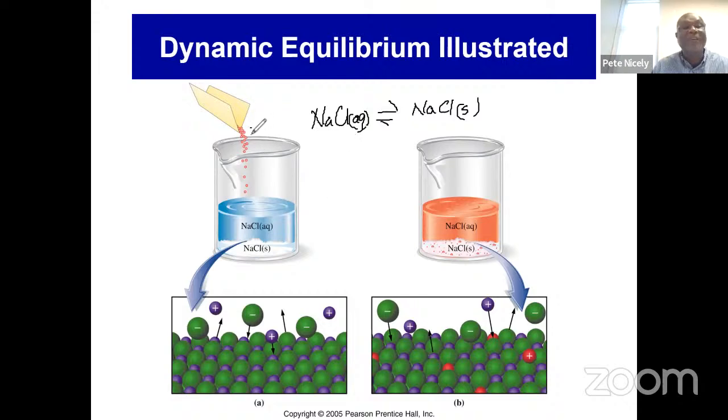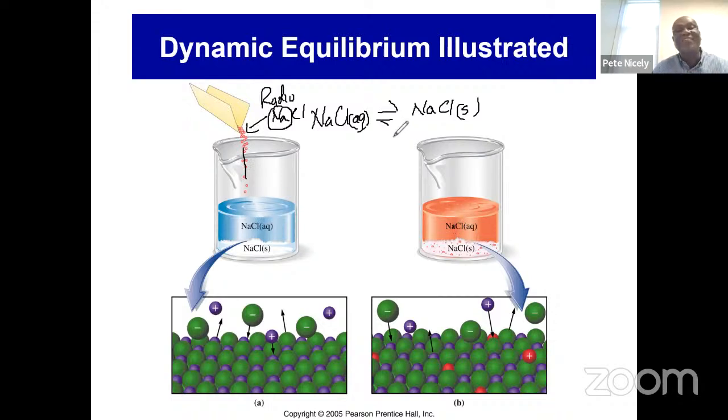So if you have radioactive sodium chloride, it's actually the sodium that is radioactive, and that would be in a solid state. When you add it to the water, initially it's going to be in a solid state. Then eventually, if you wait a while, some of the radioactive sodium chloride will end up in the aqueous state.